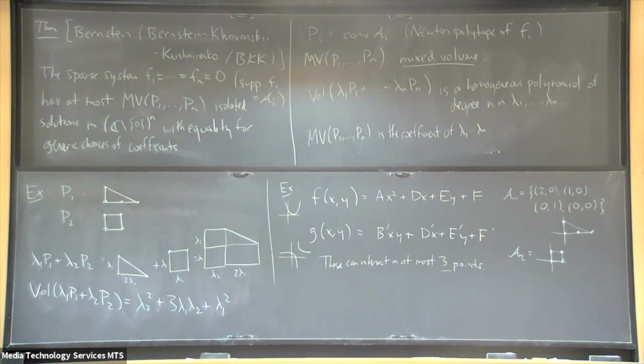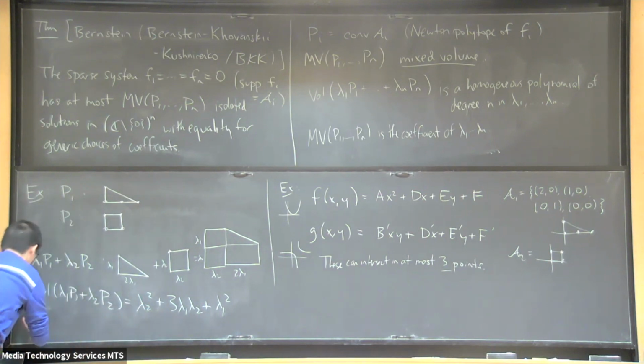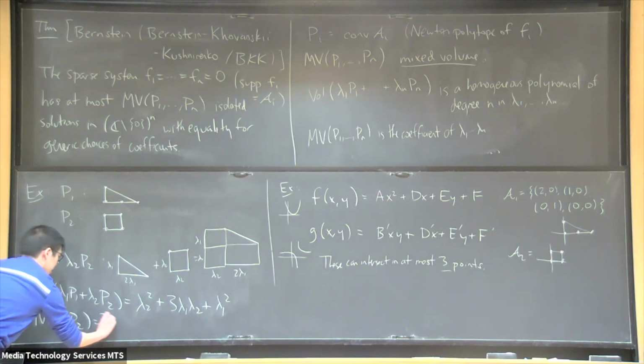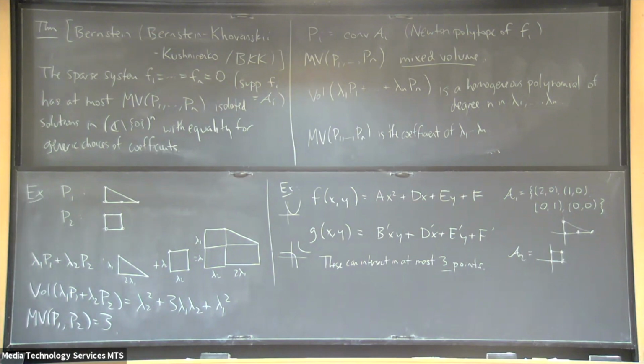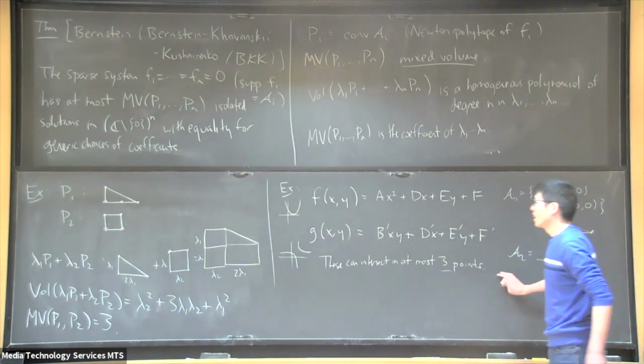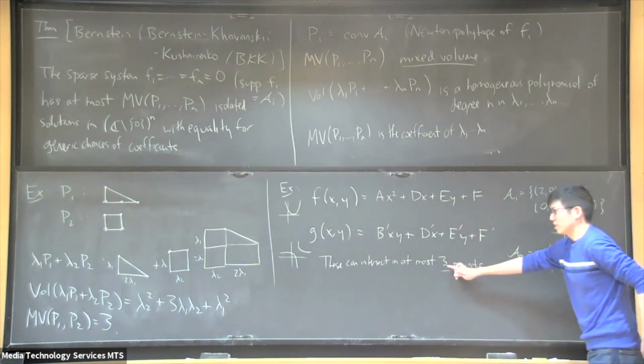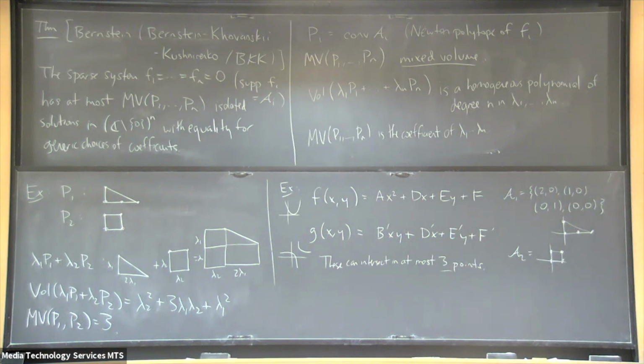And so the mixed volume is the coefficient of this mixed term here. So the mixed volume is this number 3. And so this agrees with the exercise that we did here, where we visualized that these two quadratics intersect in at most 3 points.